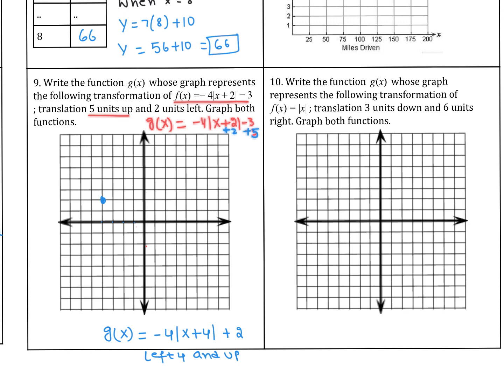And then the final function after doing this is going to be -4 times (x plus 2) plus 5. Now if you're going to graph the g(x) function, you're going to go left 4 and up 2. So 1, 2, 3, 4 up to this part right here.